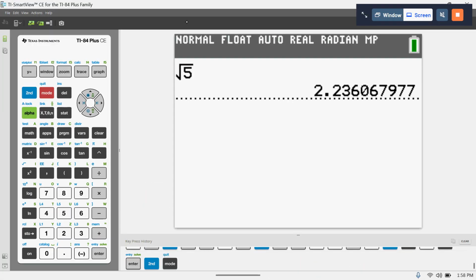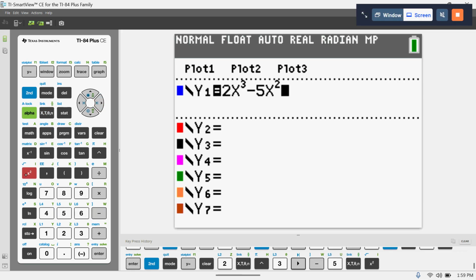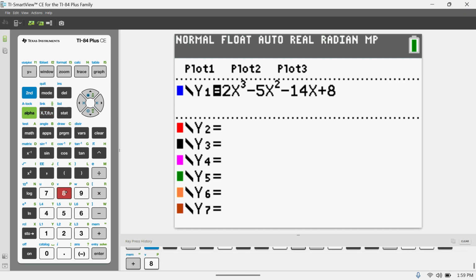So grab your calculator and we'll go to y equals, and we'll type our equation in: 2x to the third minus 5x squared minus 14x plus 8. And again, keep your list in front of you that we just made.